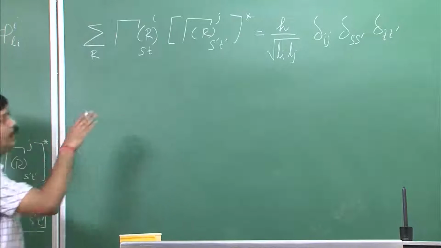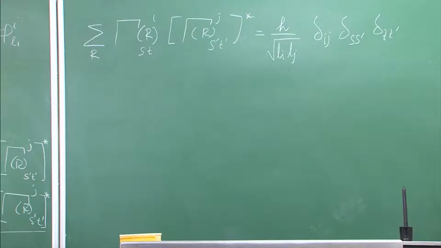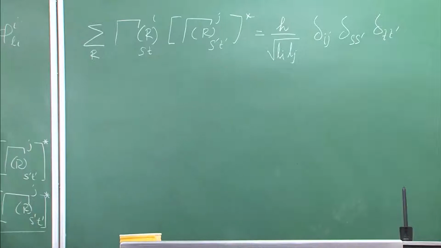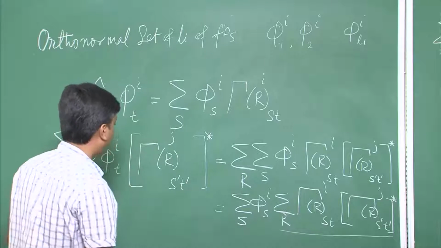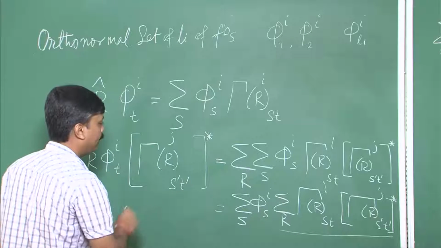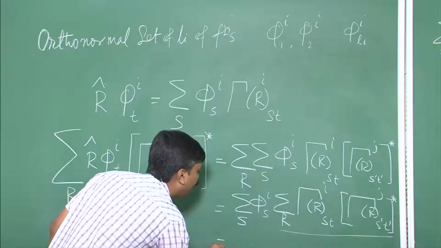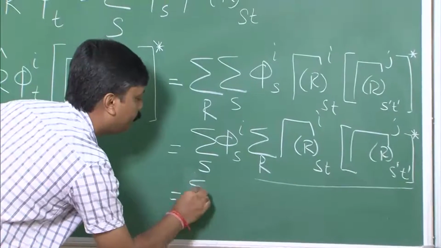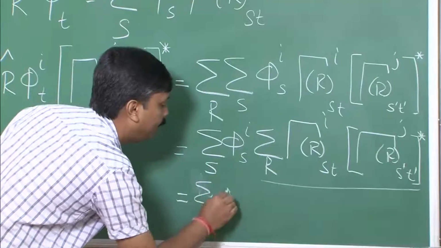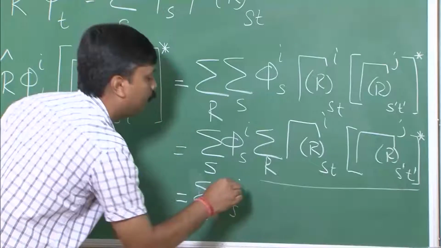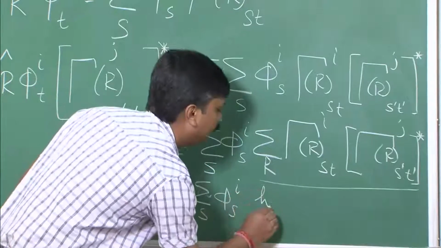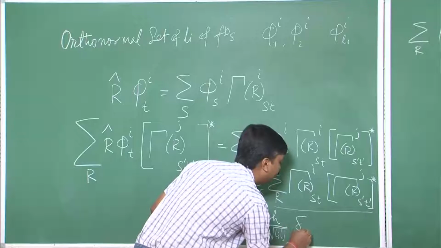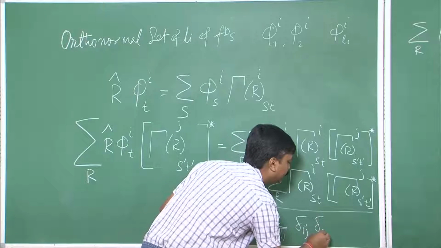Now, what does that tell me? It tells me that I can replace this one over here, right? So this part will remain as it is, and I can write here summation over s phi s for the ith irreducible representation and h by root over Li Lj, and then three delta functions, right?